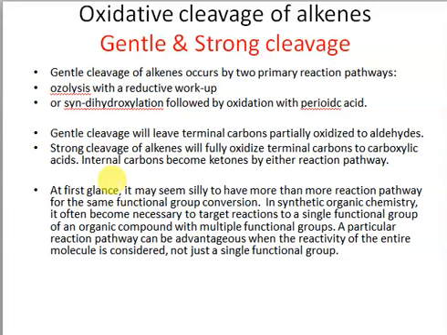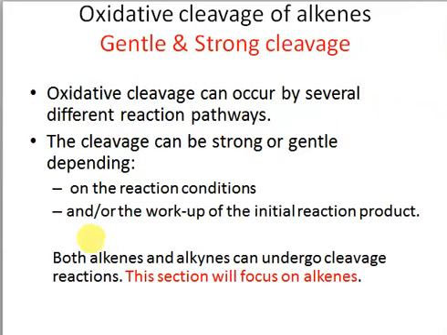So sometimes you want a certain desired product. You may prefer formation of a carboxylic acid in a certain reaction. So if you want to make a carboxylic acid from an alkene, you cannot go for gentle cleavage. Similarly, if you want to prepare an aldehyde from an alkene, you cannot go for strong cleavage. You should know about the procedures which yield gentle cleavage or strong cleavage products.